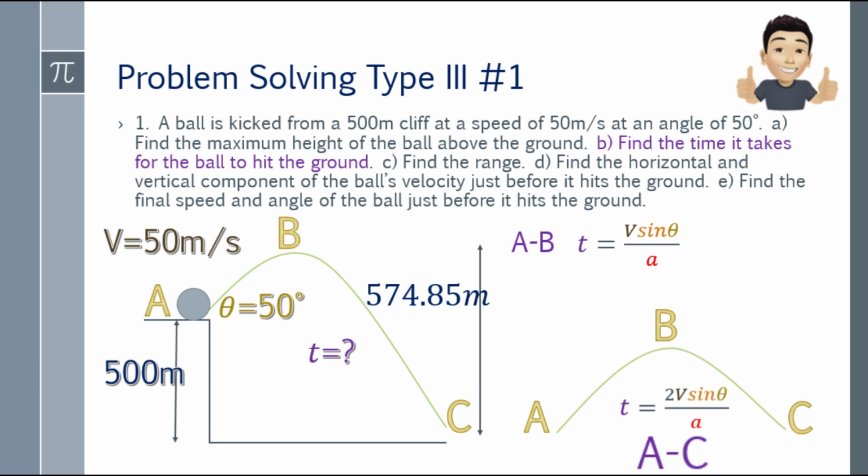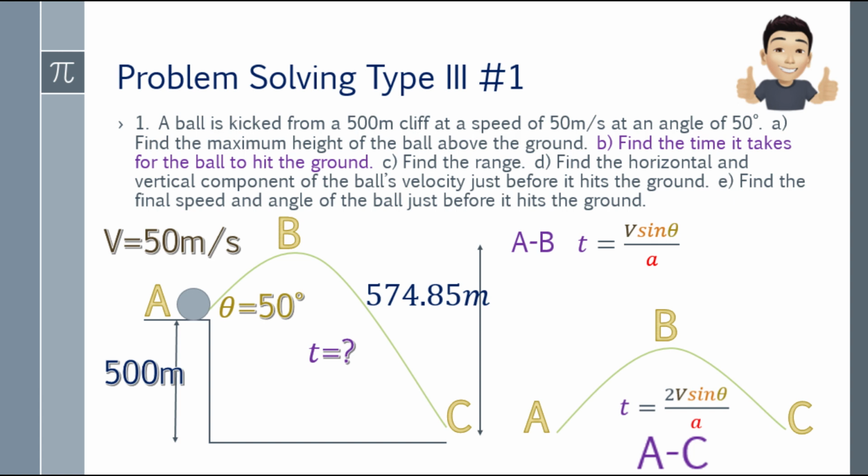Eh dun sa type 3 problem natin, yung A to C, hindi niya ka-level yung A at C, di ba? So what we can do, kunin natin yung kalahati lang. Kasi parehas na naman yung A to B at yung A to B ng type 3 and type 2. So ang gagawin natin, yung sa formula na 2v sine theta over A, tatanggalin lang natin yung 2.